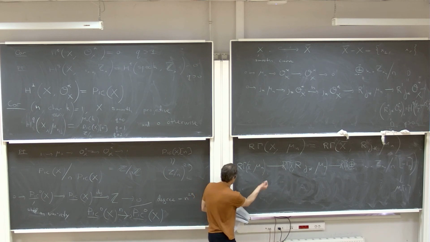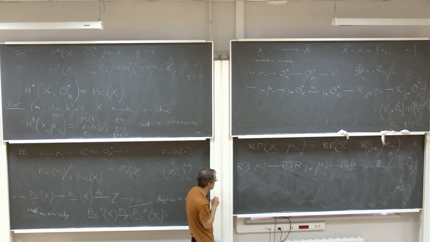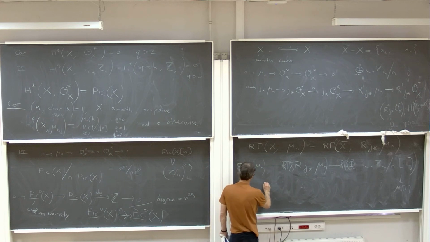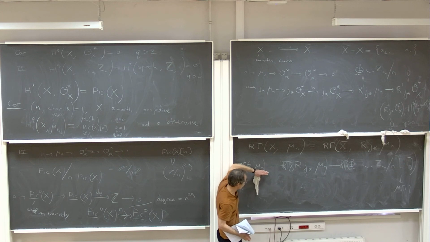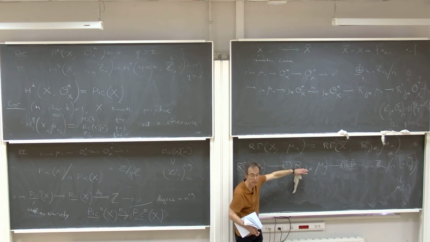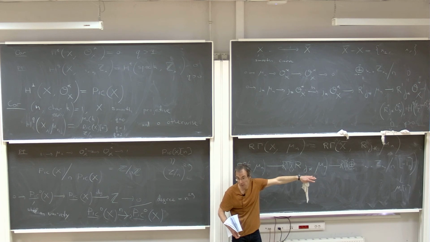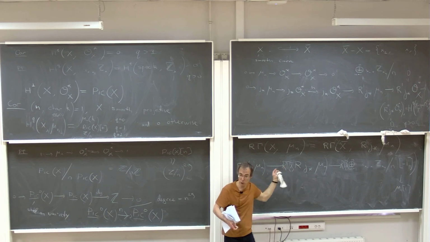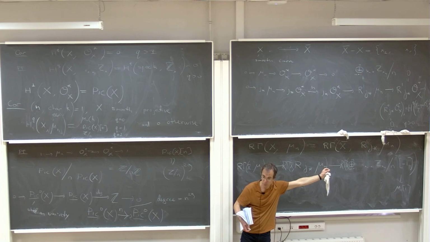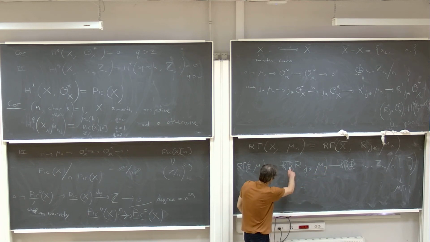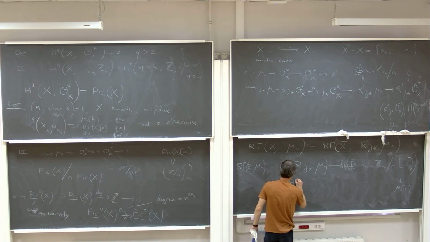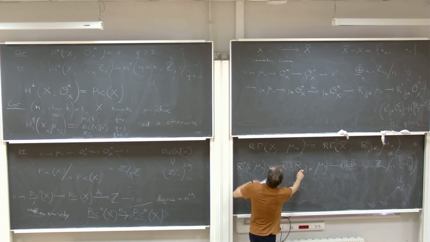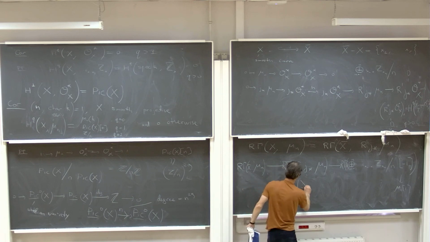So what you find from this is, let's look now. This is a distinguished triangle in the derived category of abelian groups. It gives a long exact sequence of homology groups. So I'm interested mostly in homology in degree 1, because in all other degrees they're trivial. So let's say that H1 of x, mu n.